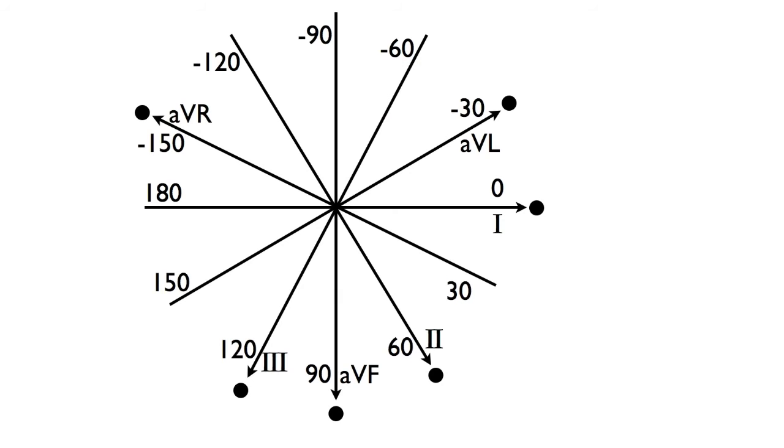If you look on page 6 again in the text, you can see where AVR, AVL, and AVF are on the circle. We'll be looking quite a bit at the circle a little later in the course when we look at axis, so be thinking about that circle right now. So now we've defined the bipolar and unipolar leads.